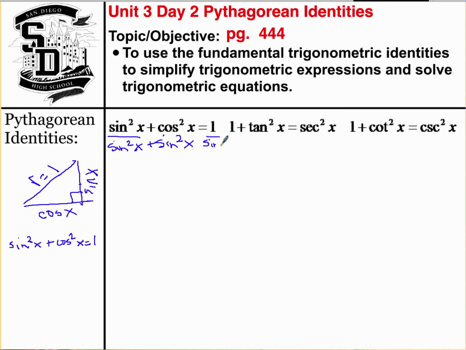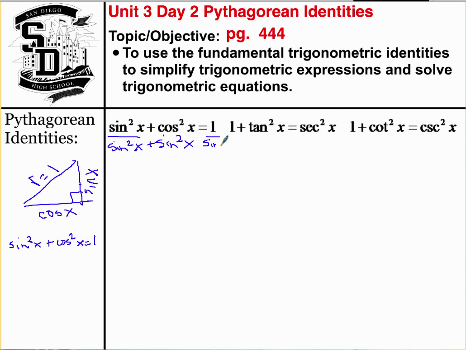What I mean by that is I can subtract cosine squared from one side of the equal sign to the other, and this would leave me with sine squared of x is equal to 1 minus cosine squared. Or if I wanted to, I could isolate my cosine squared, so get cosine squared alone. And so moving the sine squared to the other side using the opposite operation, I would get cosine squared is equal to 1 minus sine squared.